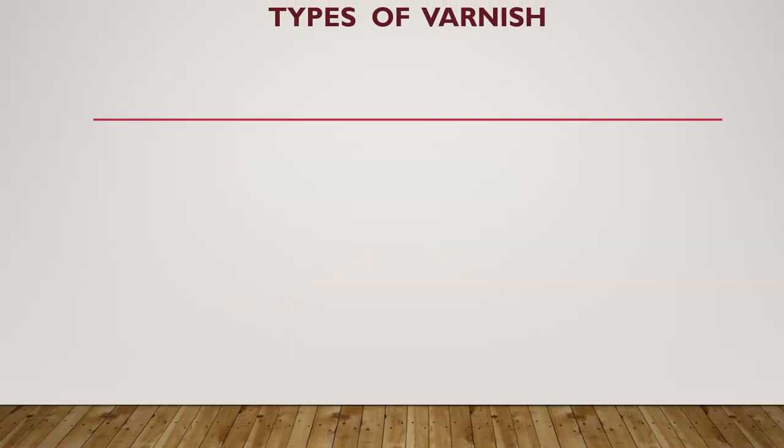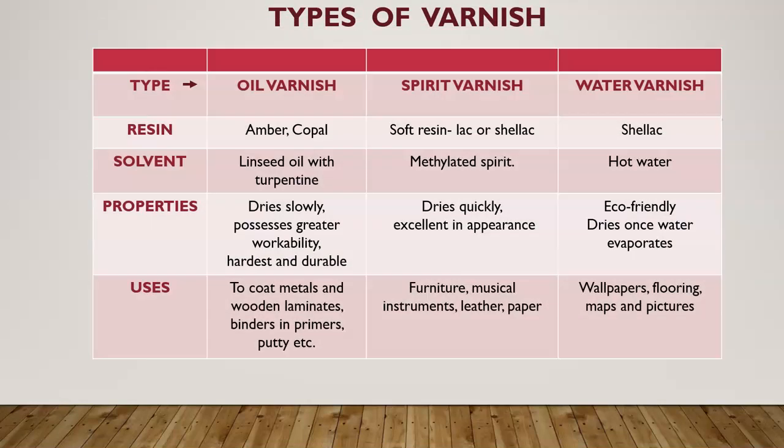Now, the varnishes are of different types depending upon the solvent. And you have the oil varnish, the spirit varnish, and water varnish. The oil varnish has resins which are hard like amber and copal.